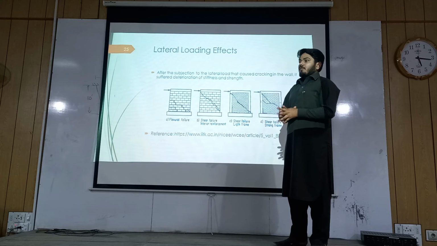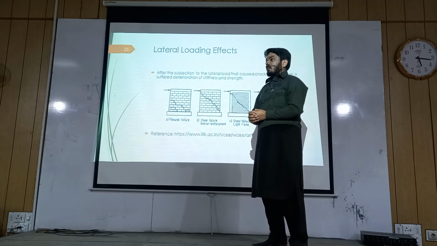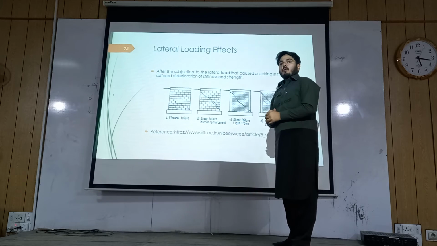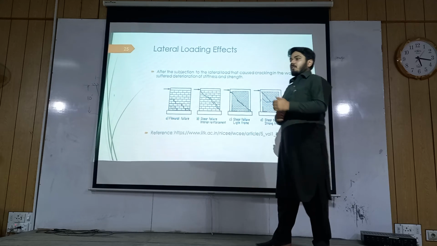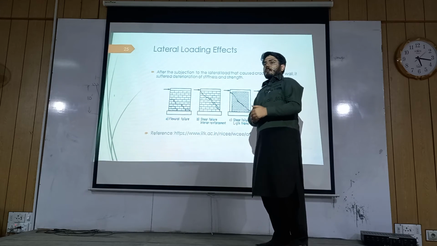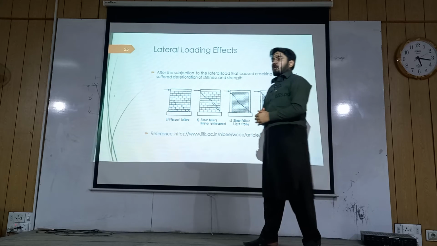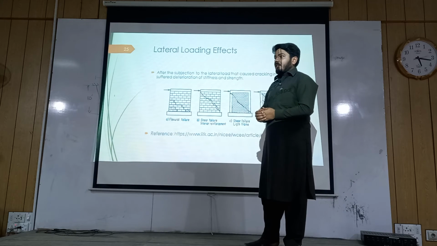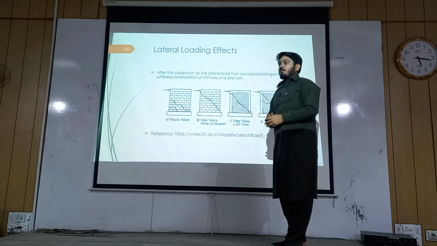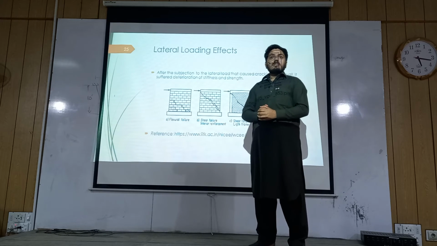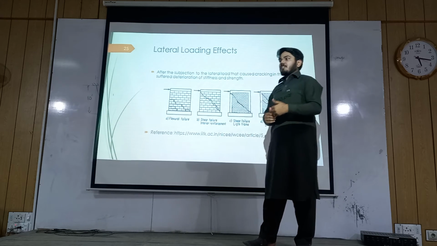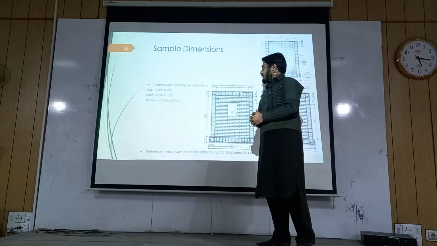After application of shear compression, we will first provide an applied force of, for example, 60 kilonewton, and then we will provide some cycles with increments. For example, if we provide 60 kilonewton at first, then we will provide 63, 66, then 69.